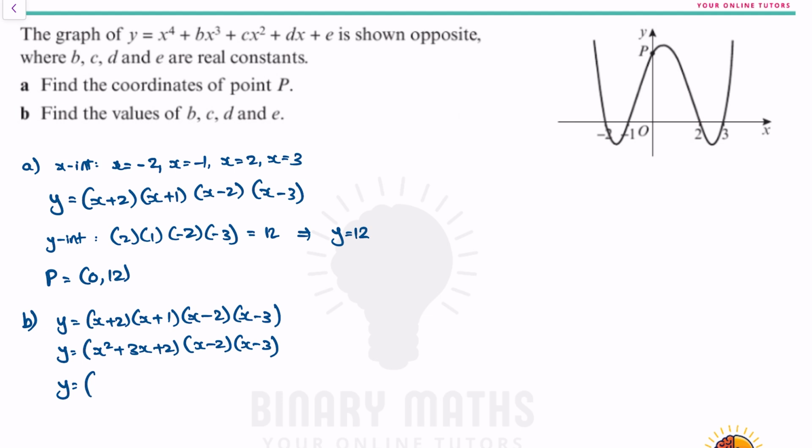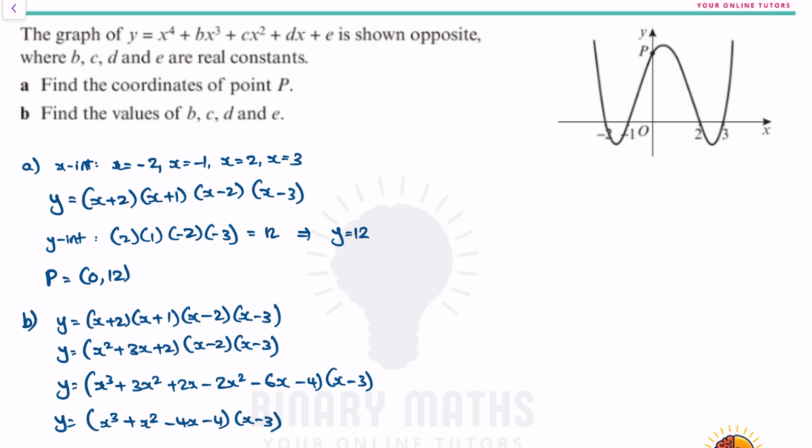Y must be equal to, if I expand the first two brackets again, I get x cubed plus 3x squared plus 2x minus 2x squared minus 6x minus 4 times x minus 3. If I simplify the first bracket, I get x cubed plus x squared minus 4x minus 4 times x minus 3.